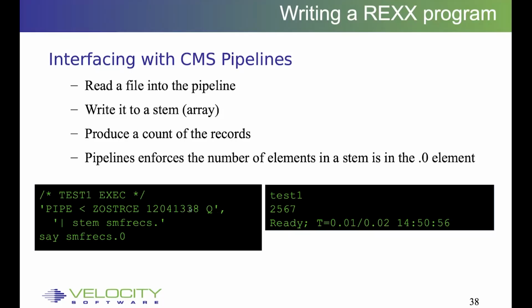Yeah, and this is a file full of SMF records. And then I'm just going to display the .0 stem from SMF REXX. And that's going to give us the count. And when I run the program, I get 2,567. And that's exactly how many records are in the file.